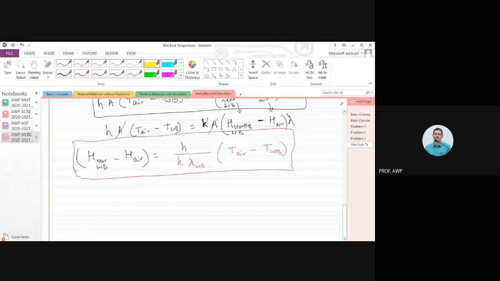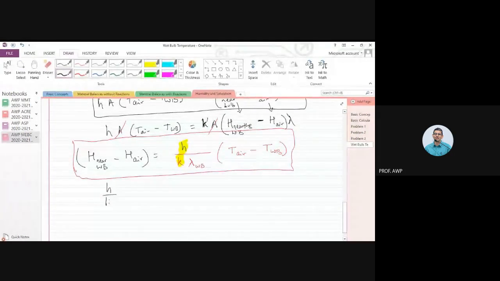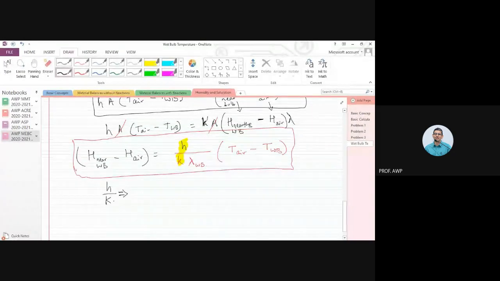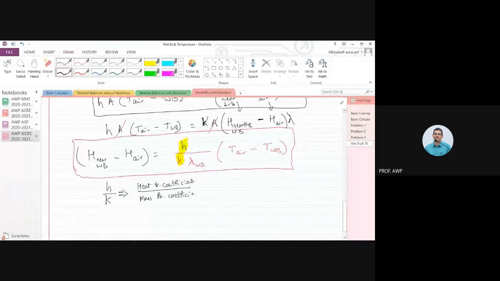This H by K is something special. This H by K is the heat transfer coefficient divided by the mass transfer coefficient, or K prime if you like.